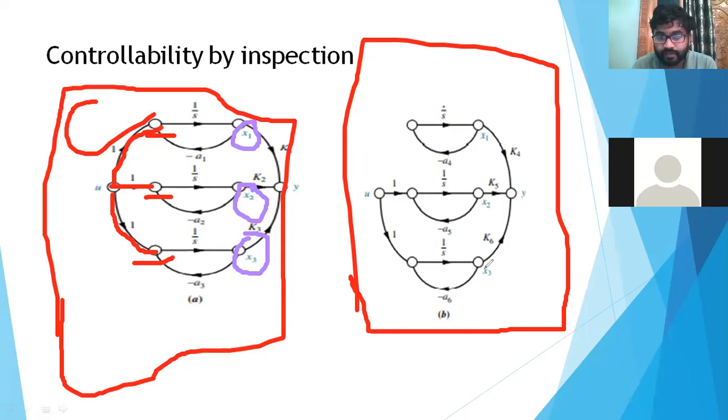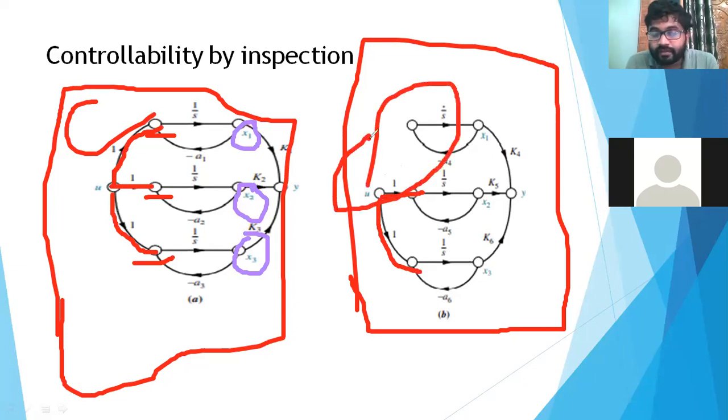Same here, if you see this, the second variable is directly linked to the input. The third variable also is, but there is no connection to the first variable. It means I cannot control the first state variable with the help of the input.